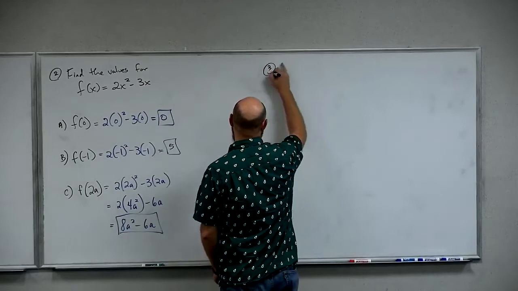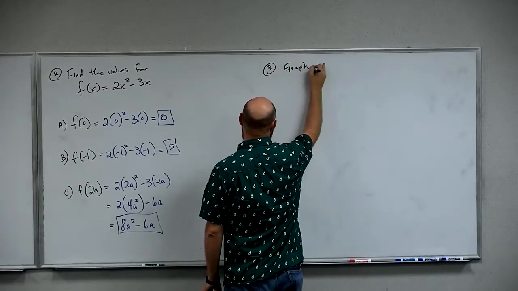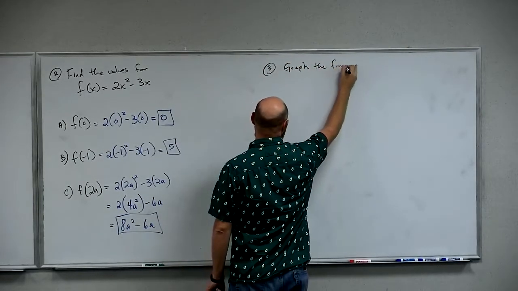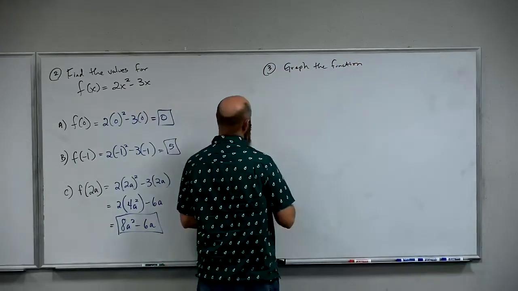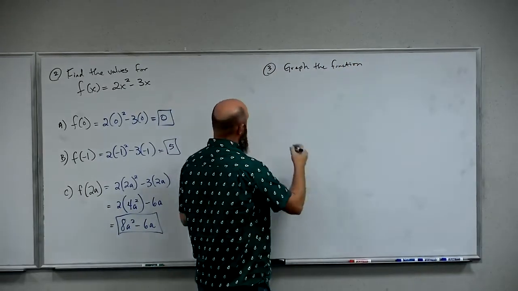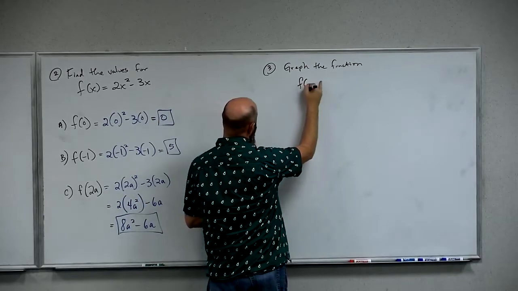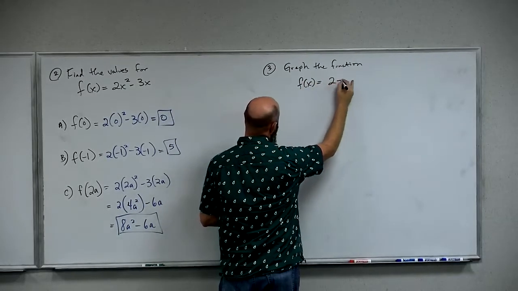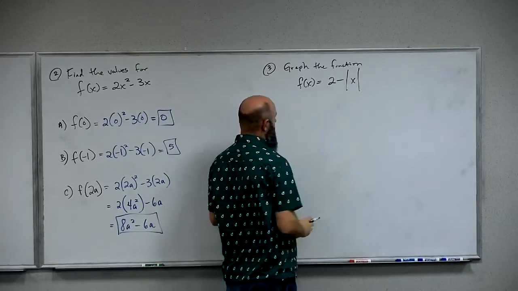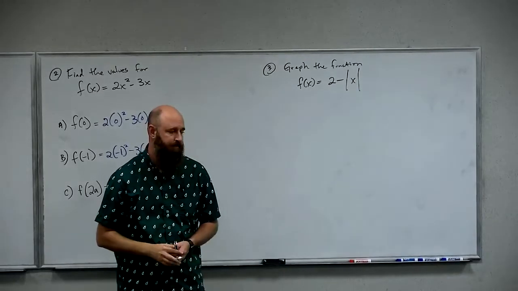All right, last thing here, we're going to graph the function. Okay. And so we just do one: f of x equals 2 minus the absolute value of x.